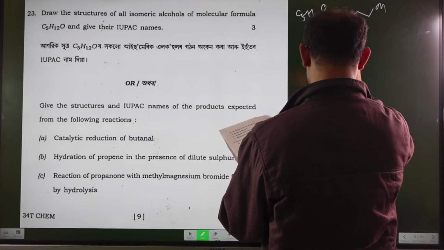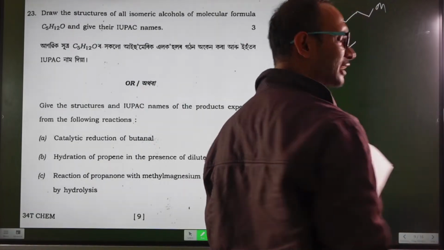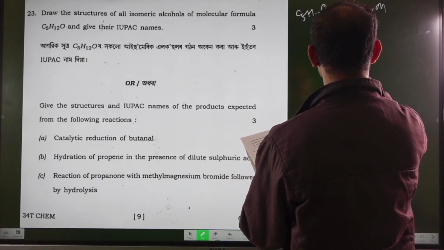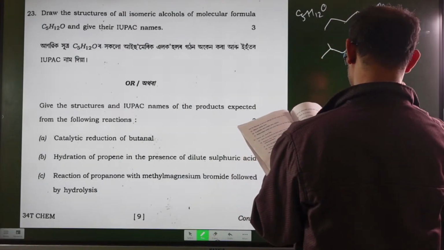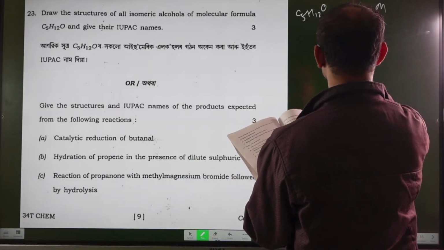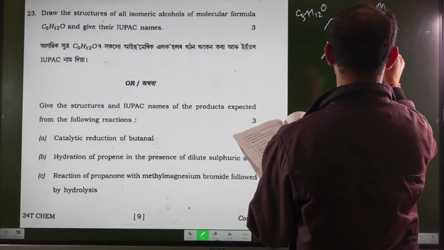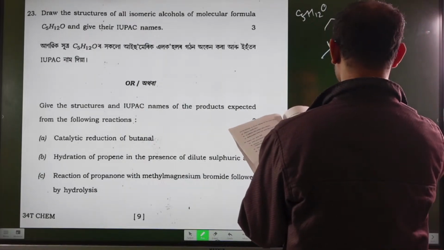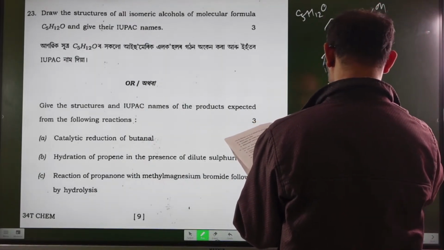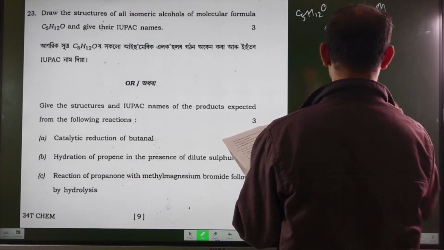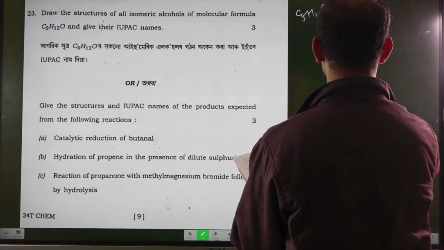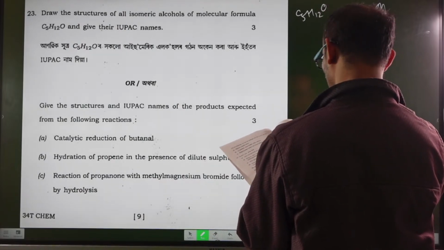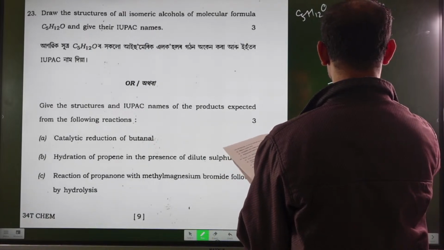Then you can also write this like that, decreasing the parent chain carbon. So I am writing 1 2 3 4. One carbon will be here. Okay, so this is 1 2 3 4 5 like that. This is one more alcohol. Then you can also write this, the tertiary neopentyl alcohol, like tertiary butyl. Sorry, this is not the structure, because it is 5 carbon, not 4.